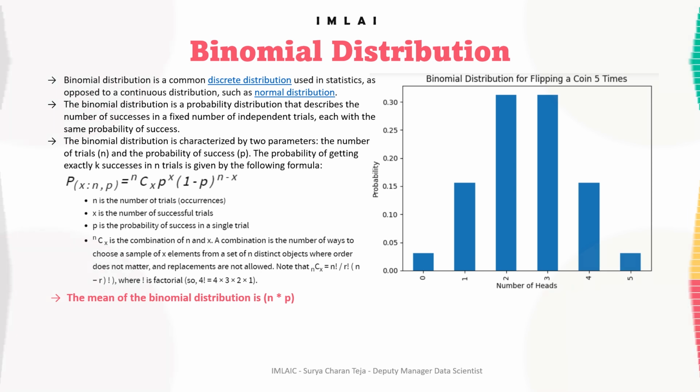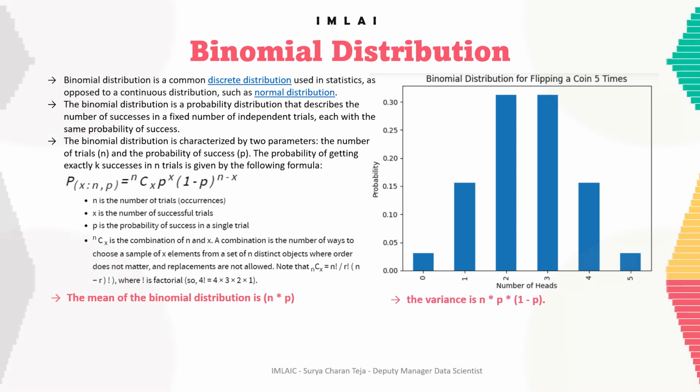Then the variance is n times p times 1 minus p, that is npq. It is the multiplication of the number of trials, the probability of success, and the probability of failure in a single trial.